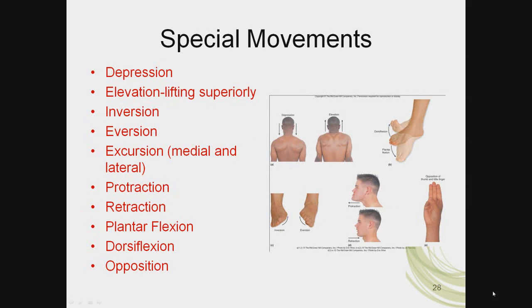In plantar flexion, movement at the ankle joint permits extension of the foot so that the toes point inferiorly, like when a ballerina is standing on her tiptoes. She is in full plantar flexion. I remember plantar flexion as your toes are pointed toward the plants in the ground, pointed downward.